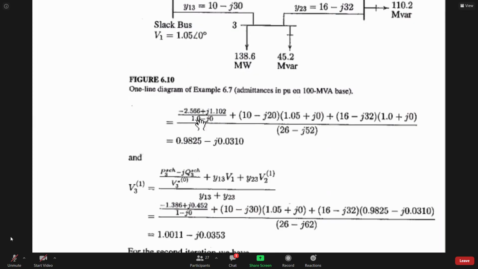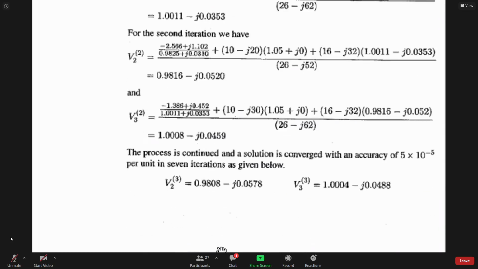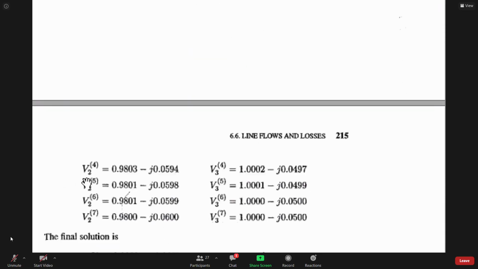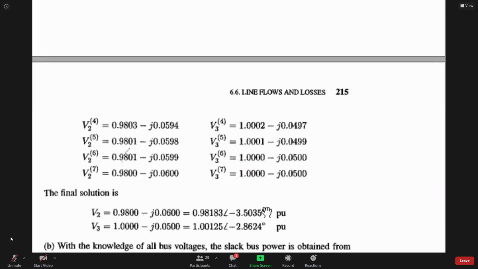After calculation, you have generated V2, and when you get that V2, that is V2(1), to generate V3 in the iteration, you have to put that value as V2(1). Then V2(1) and V3(1) will be there. After some iterations, you will generate V2 and V3. Actually, after about 7 iterations, you will reach the desired result.